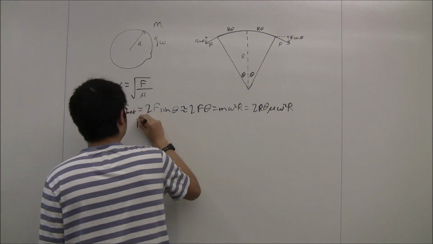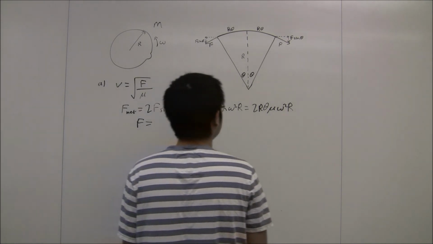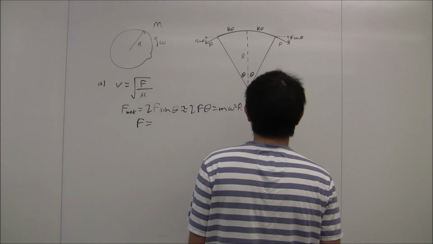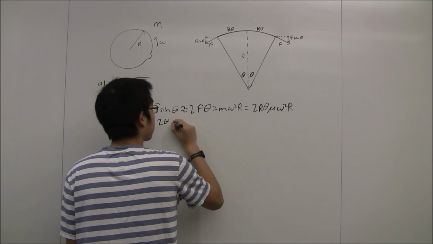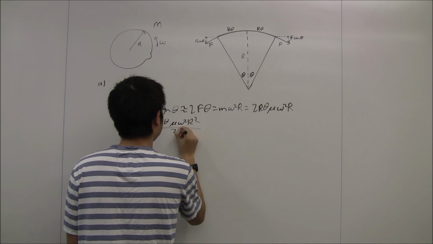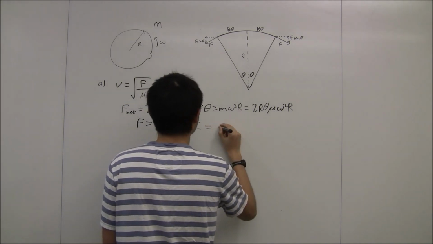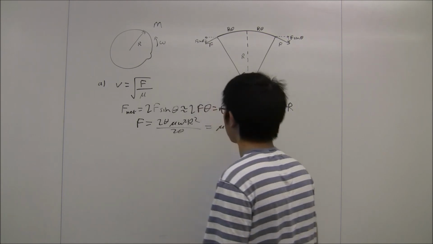So now, if we isolate for the force, big F, we get that the force is 2 theta mu omega squared big R squared over 2 theta, which is just mu times omega squared times big R squared.